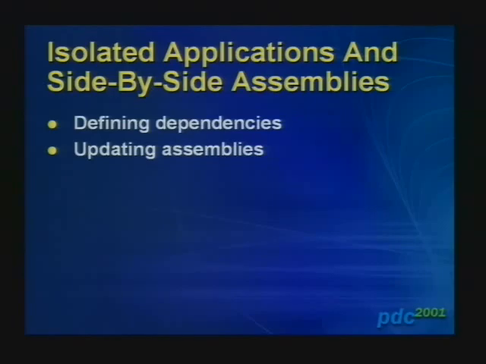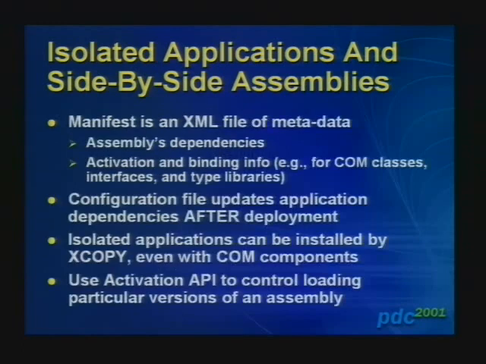So that's what isolating an application is about. Isolated applications really tie down the DLLs that you're dependent on. So if somebody else updates a DLL, you're not going to get affected. And that really makes sure that your application works well over time.